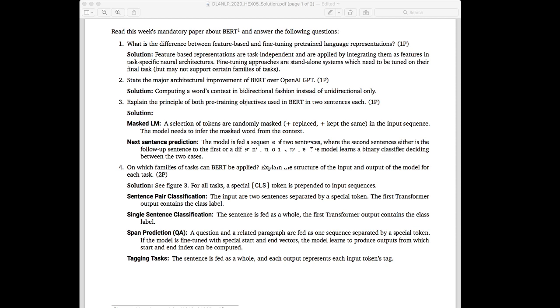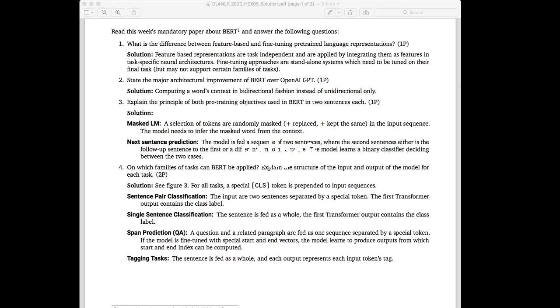Then the next task is QA prediction. The input is also quite similar to the previous ones, but the output is very different, because for the QA task, suppose we have a document and we need to identify exactly where the answer is, right?